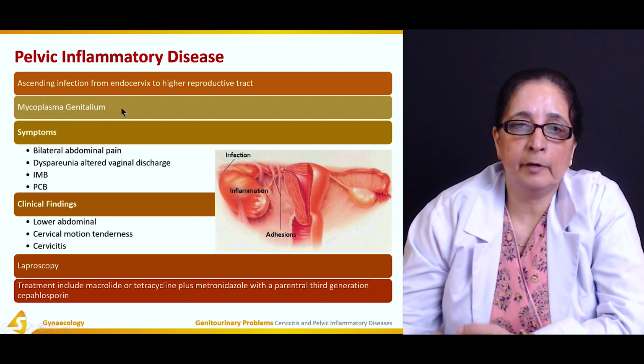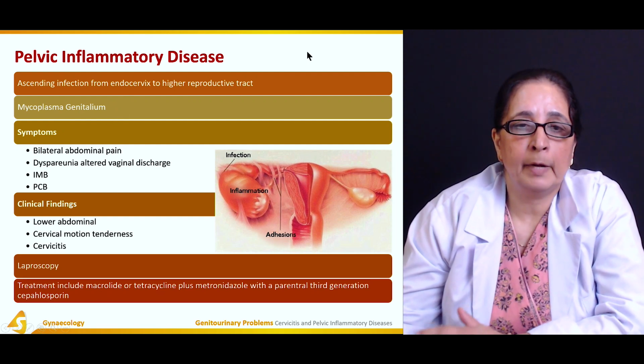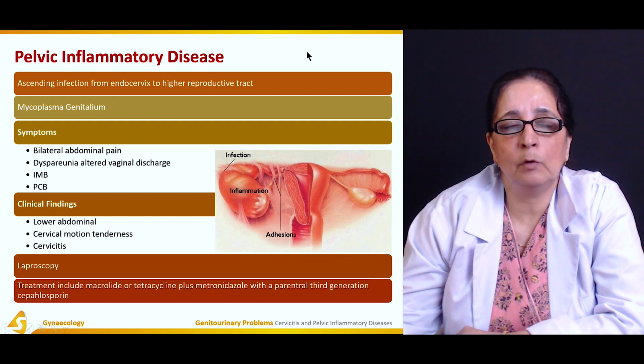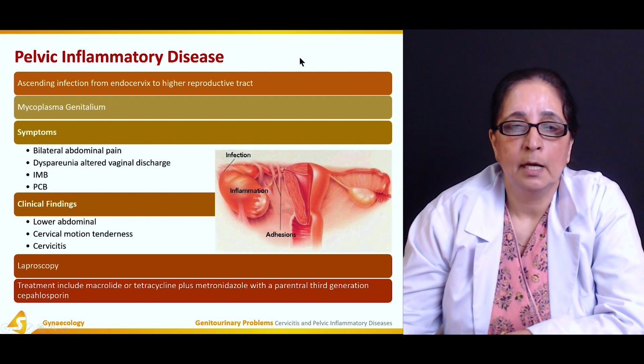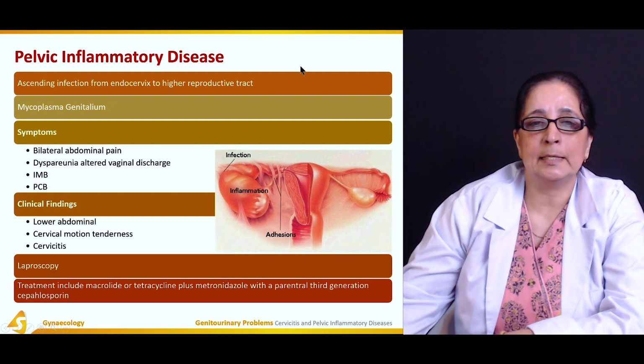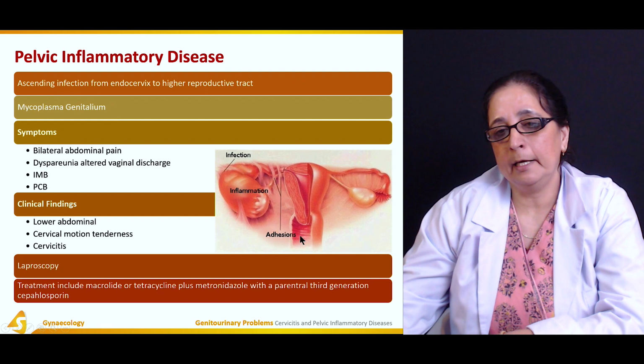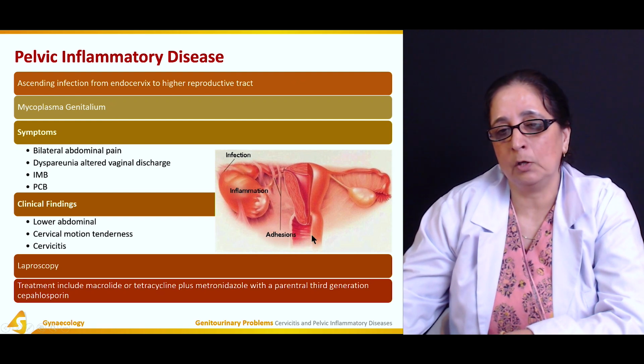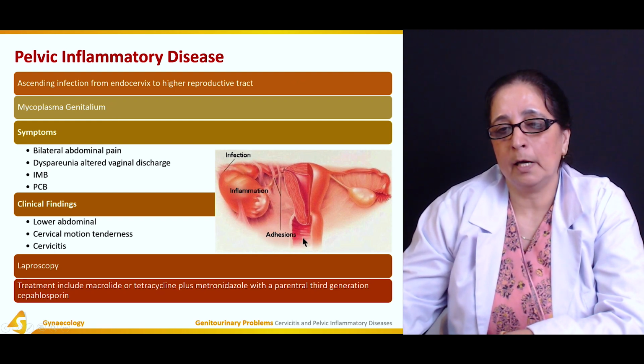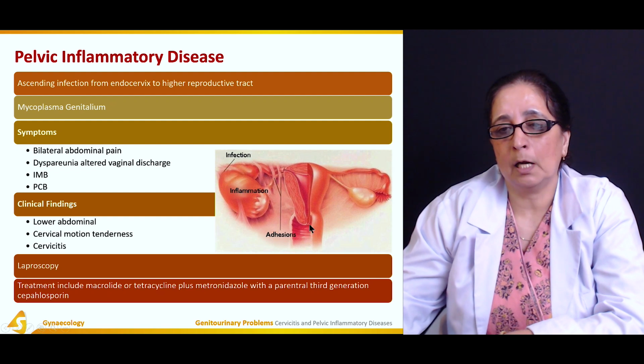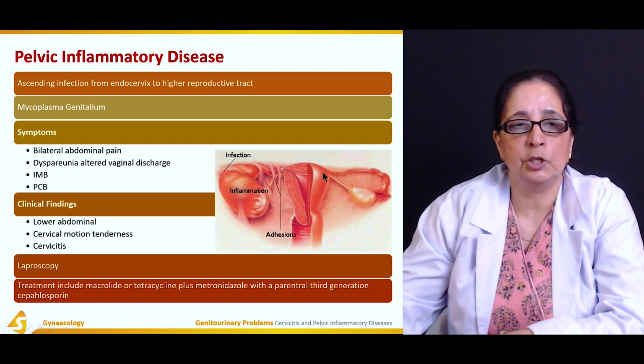This usually occurs by ascending infection. Ascending infection means infection that goes from the vulva and vagina up into the uterine cavity and fallopian tubes.